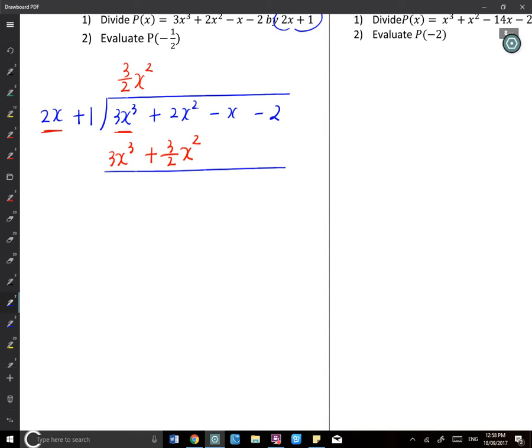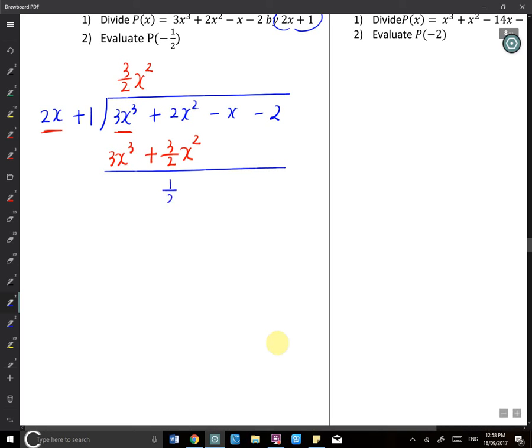What's the subtraction between those two terms? 2x squared subtract 3/2 x squared, what do you have? Half x squared. After I have the difference, I'll move the next term down, which is minus x.